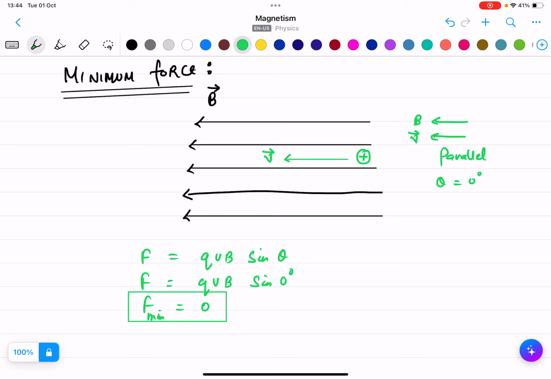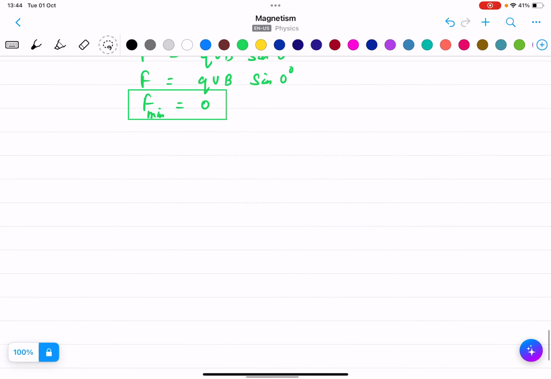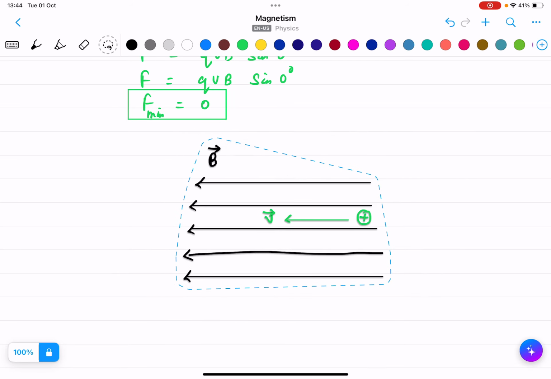And we can consider another case also. Let us just copy this. Suppose this is the case, and in this case we are assuming there is a positive charge which is moving in this direction.